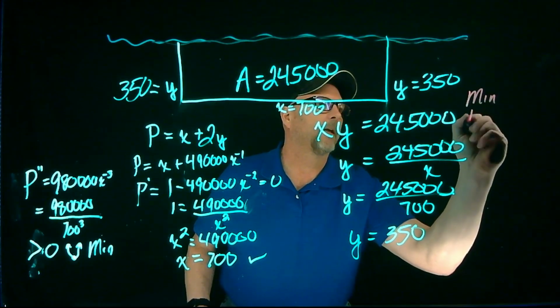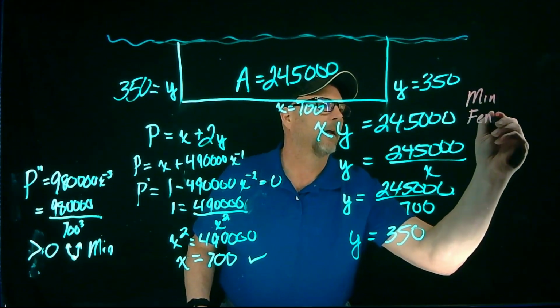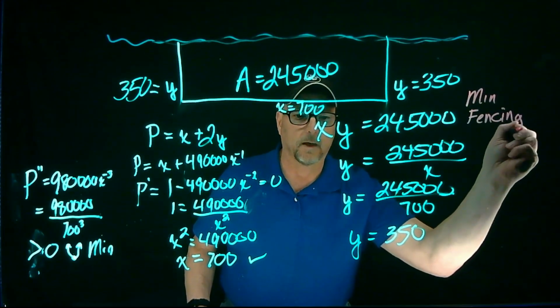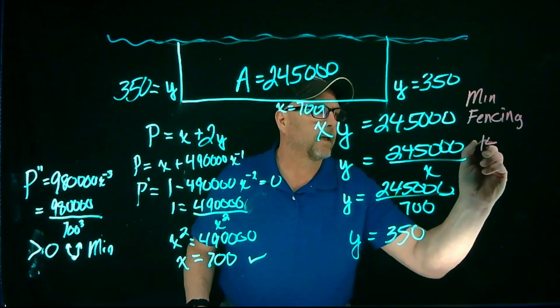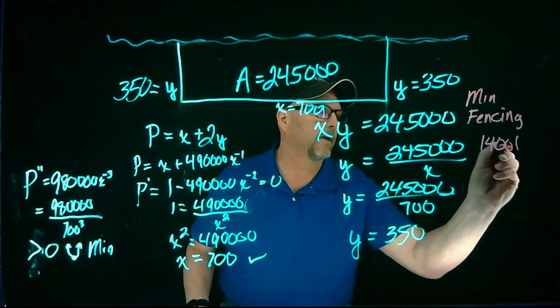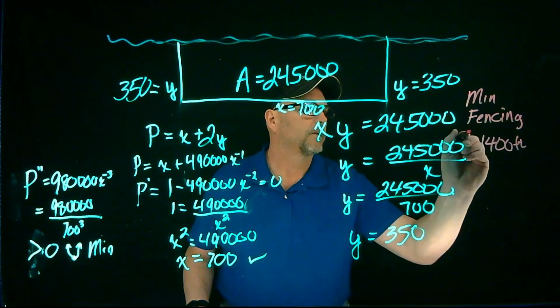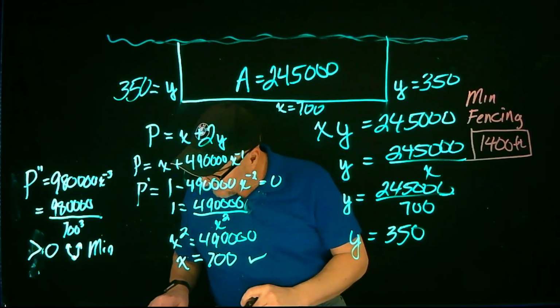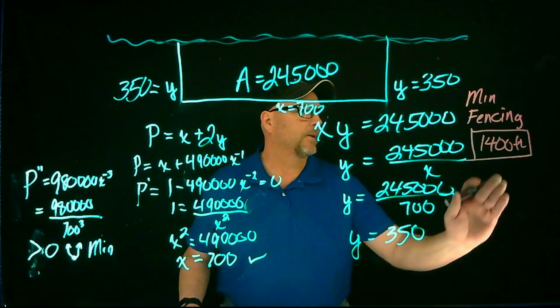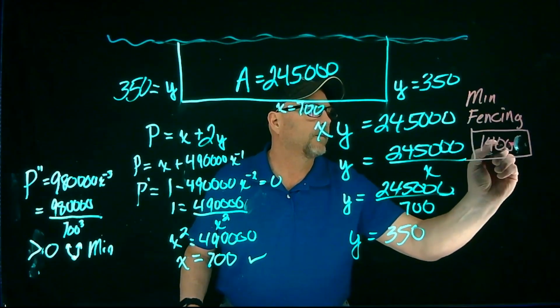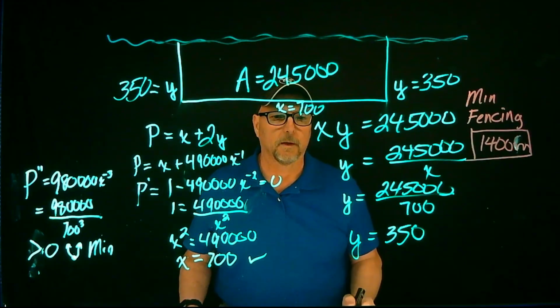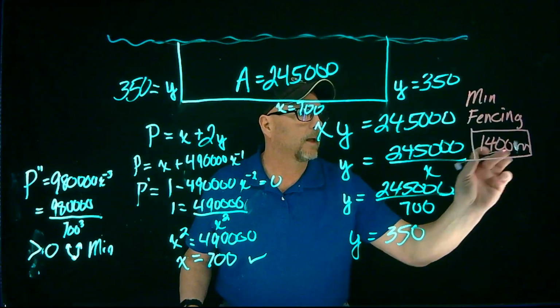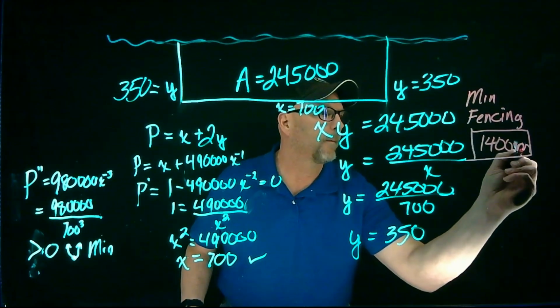So minimum fencing, hopefully we can all read that, is 1,400 feet of fencing. Or meters, whatever, I guess it was in meters. So meters. A little bit sloppy there, apologize for that.